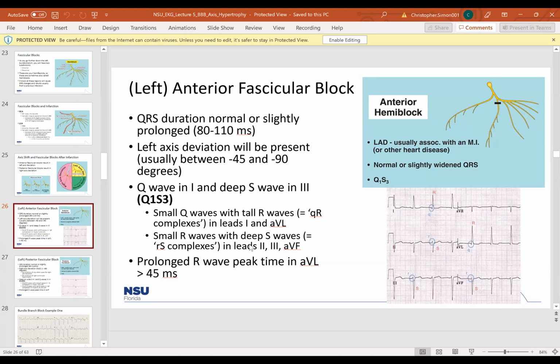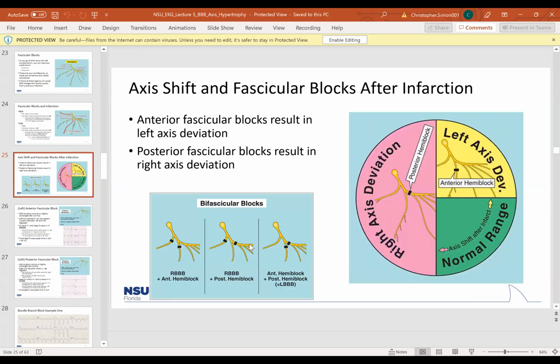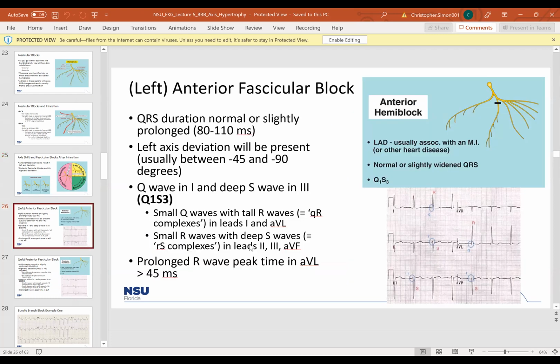So you've got some criteria, okay? So I like this photo over here and the same one on the next page too. But I like this and all of that because it does a good job of explaining what's going on here.